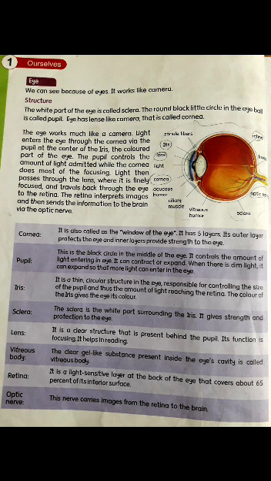The light then passes from the pupil to the lens, and then at the lens the light is finally focused and travels back to the retina.